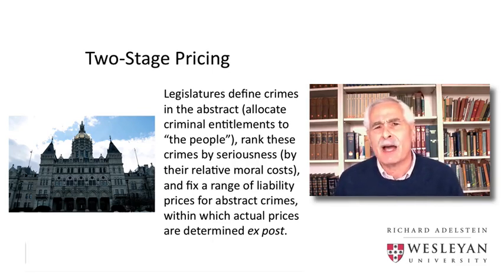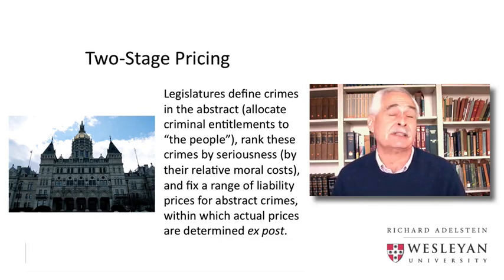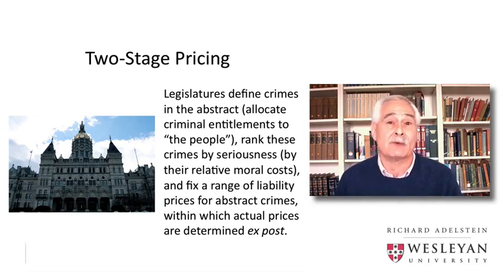What do I mean by a crime in the abstract? Consider armed robbery, which can easily be defined in the abstract. Robbery is the taking of another person's property by force, and armed robbery is a robbery using a weapon. So it's relatively simple to describe armed robbery in the abstract, and this is how most statutes, indeed all statutes that define crimes like armed robbery, are written.